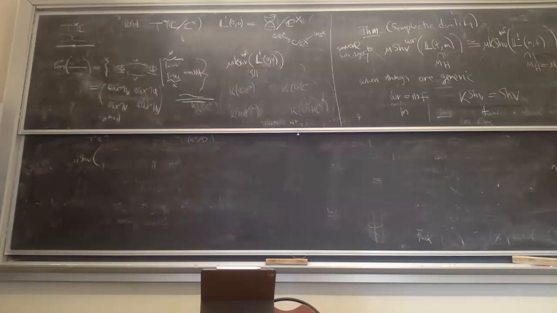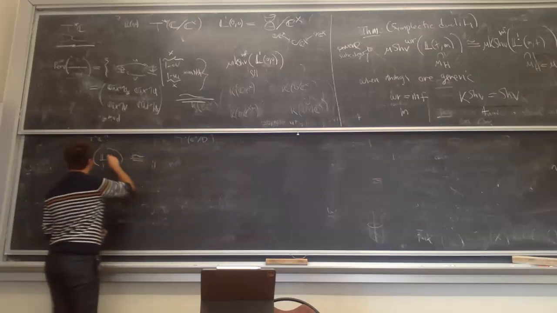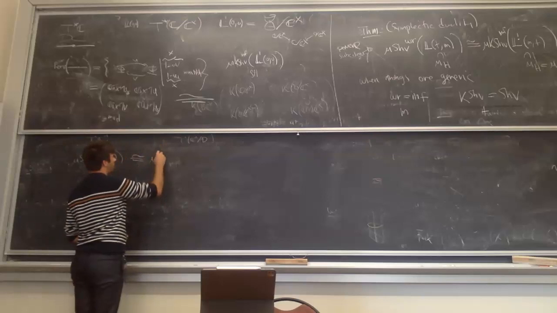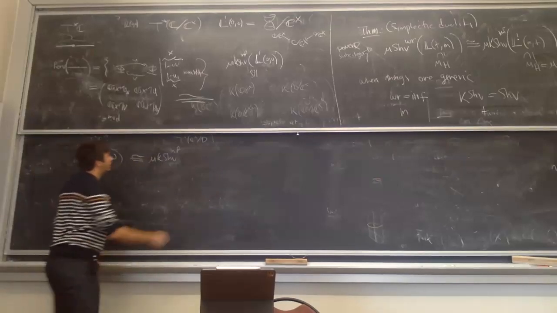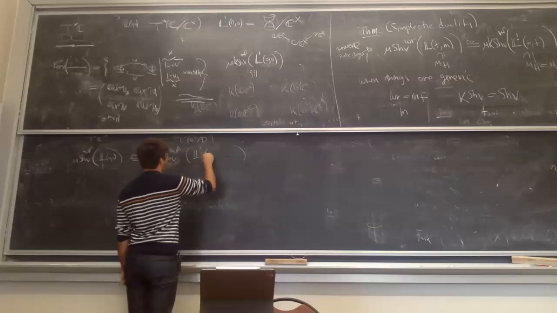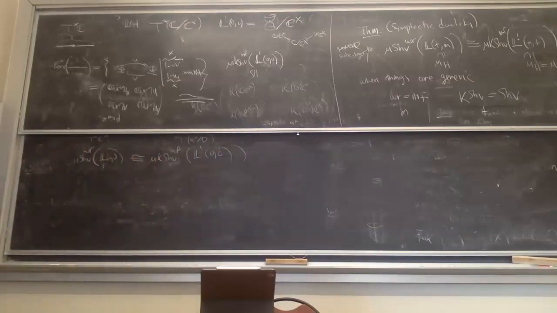So now this is my new mirror pair, and then I know that I have this equivalence. So this is just by taking products of the equivalence I had before, nothing interesting.